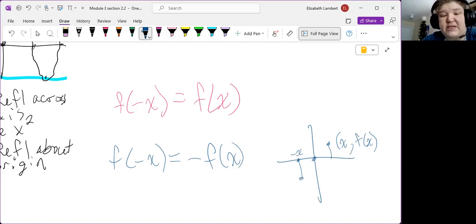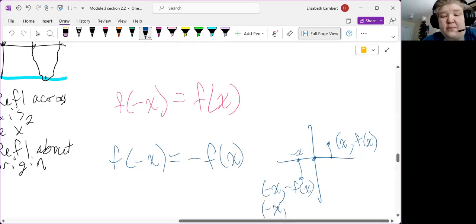So this ordered pair is (negative x, negative f of x). But anytime I write an ordered pair, whatever the input is, this also must be (negative x, f of negative x). So I want those two points to be the same. That's why I'm getting f of negative x is the same as negative f of x.